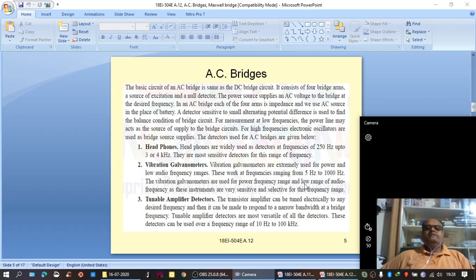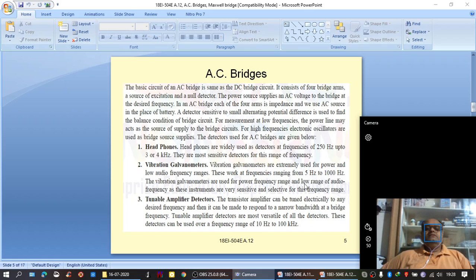A detector sensitive to small alternating potential is used to find the bridge balance condition. For measurement at low frequencies, the power line may act as the source of supply to the bridge. Power line frequency is 50 Hz. For high frequencies, electronic oscillators are used as bridge source supplies.